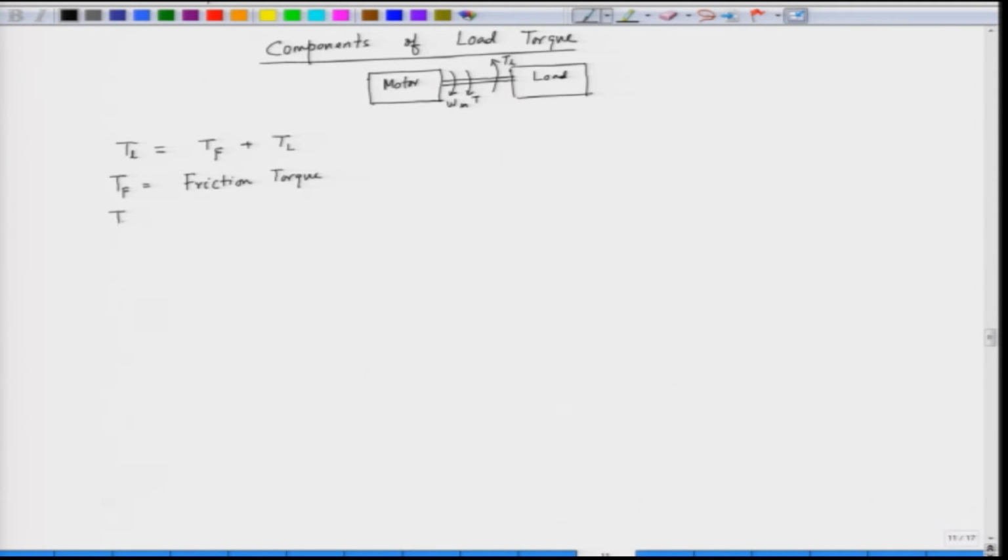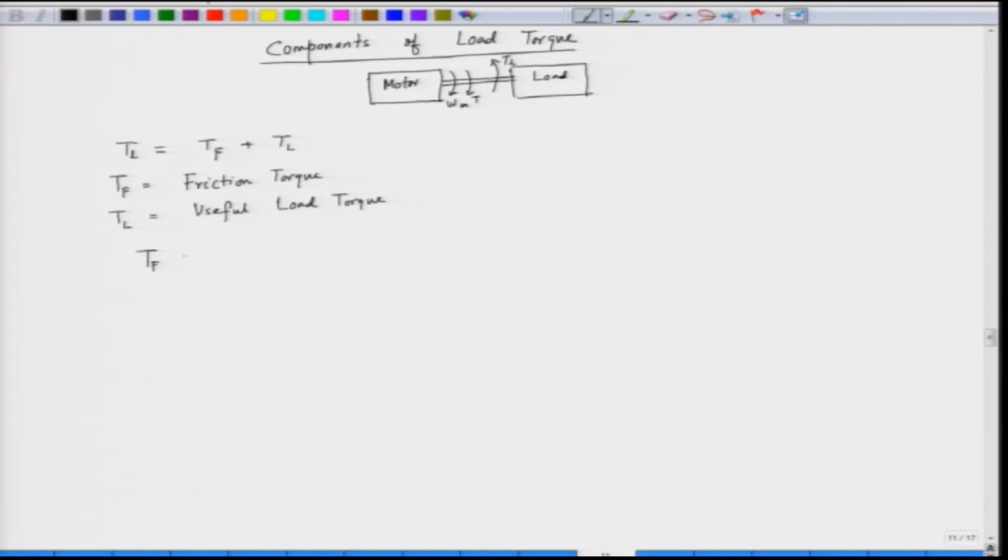What is T L? T L is the useful load torque. The friction is an integral part of a mechanical system. I mean, no mechanical system is possible without friction, but the friction is of various types. The total friction torque is TF.